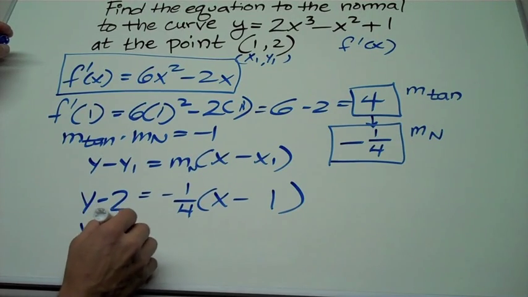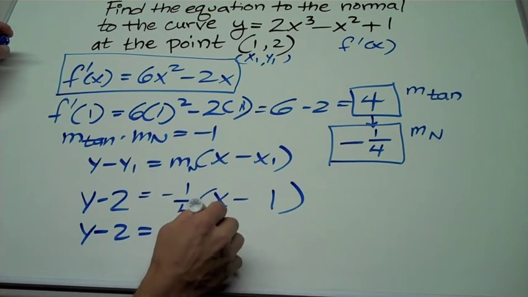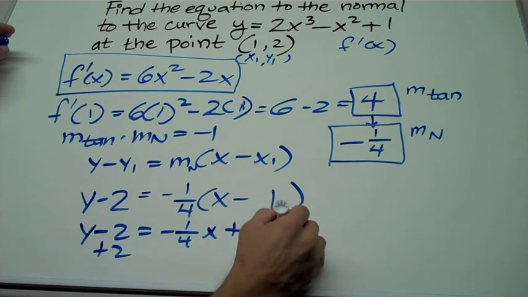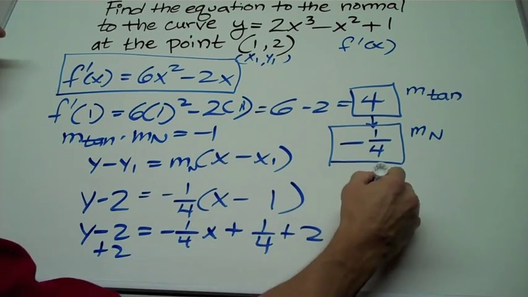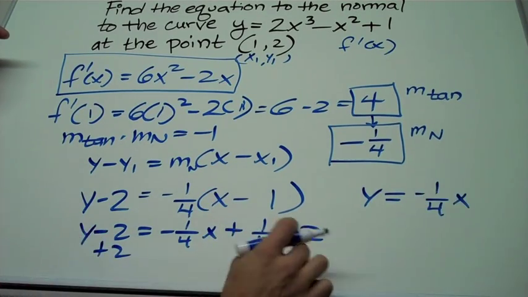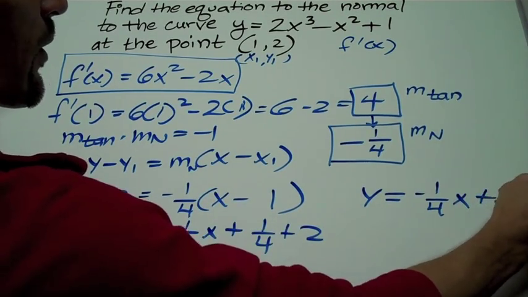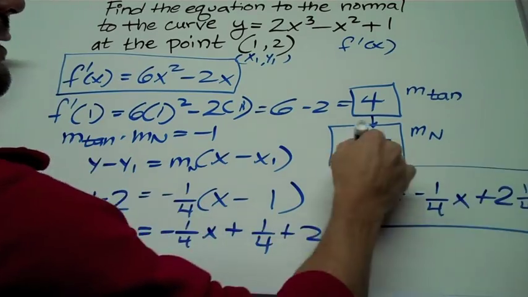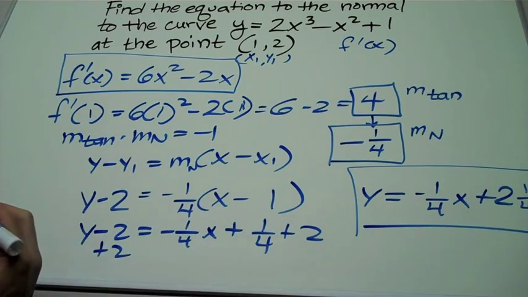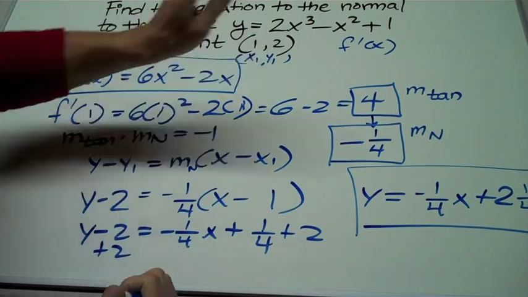You get y minus 2 is equal to -1/4 x plus 1/4. If you added 2 to both sides, your final answer would be y is equal to -1/4 x plus 2 1/4. And that is the answer to this question. That is the equation of the normal at the point x is equal to 1.